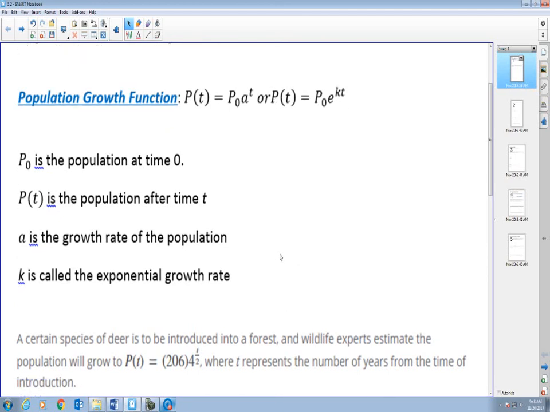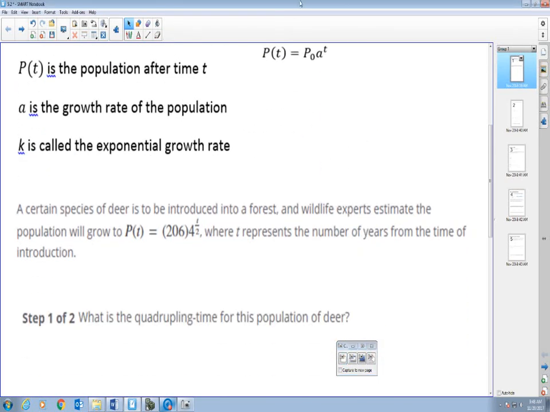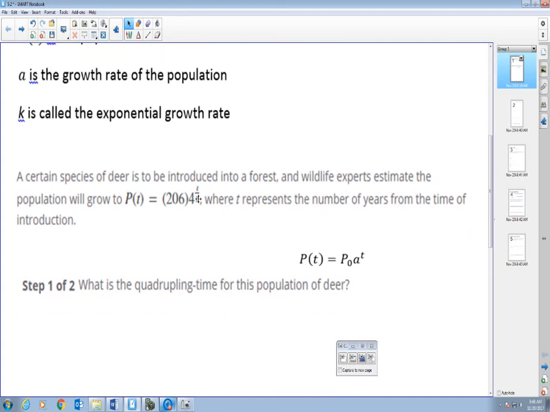So let's give it a try. Let me copy and paste this, because this is the model that we are looking at. Consider a certain species of deer that is to be introduced into the forest, and the wildlife expert estimates the population will grow to P of t equals 206 times 4 to the t over 2 power, where t represents the number of years from the time of the introduction.